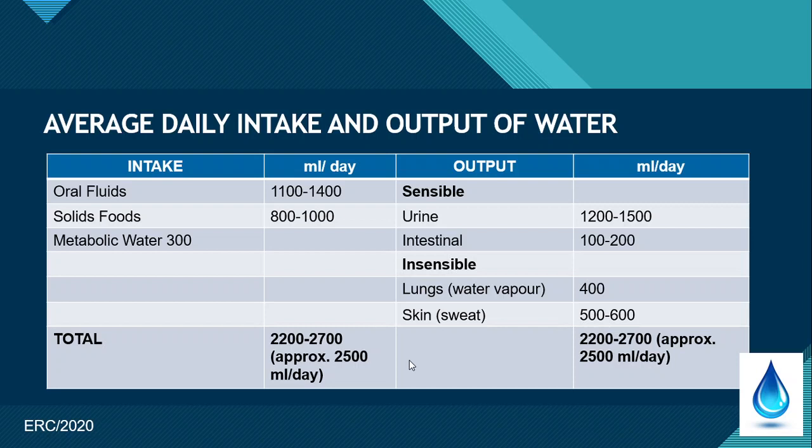For the skin, through perspiration, we are losing 500 to 600 ml per day, or approximately about 2,500 ml per day in total. Okay, that's our total output of water.